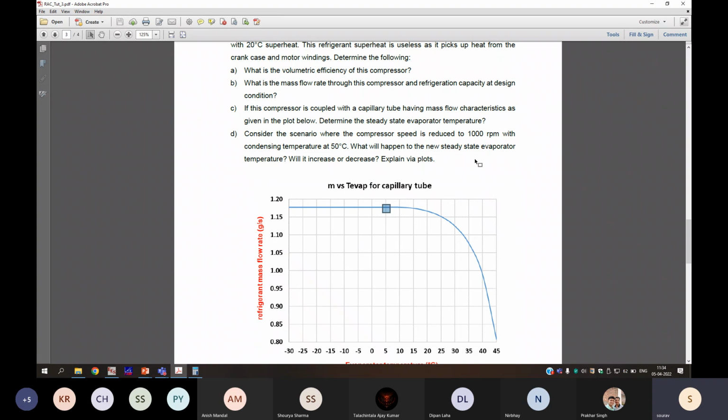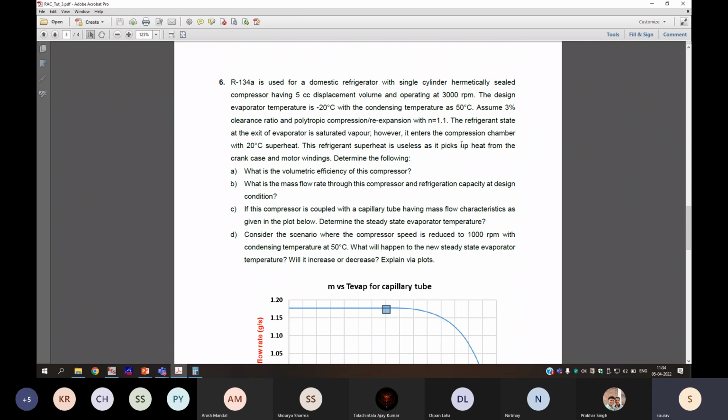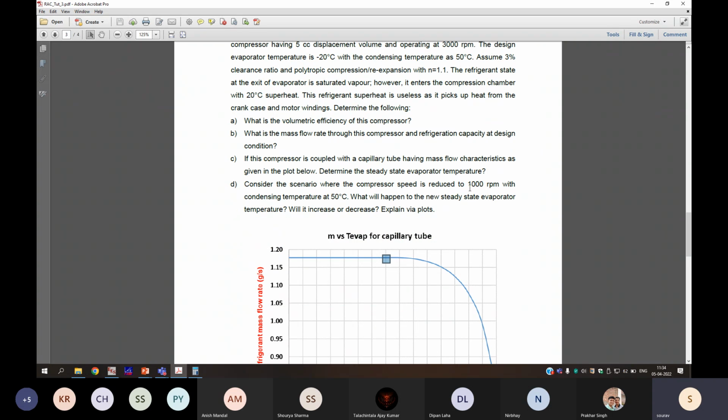Now the next problem is, now instead of operating your compressor at 3000 RPM, you are operating at 1000 RPM. What will happen to the mass flow rate drawn by the compressor?